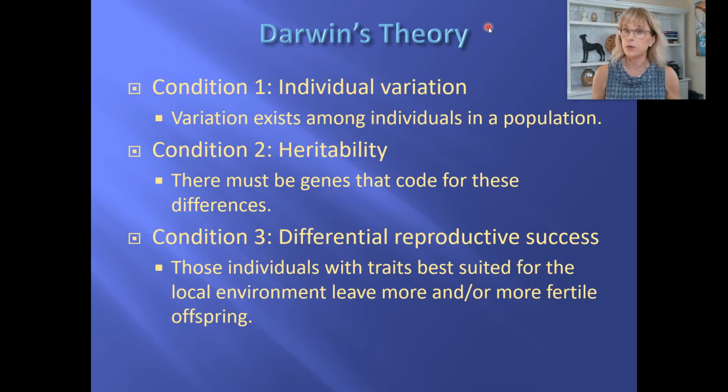So for example, if you have got a whole bunch of pigs that are living on your pig farm, and some of them are red and some of them are black and some of them are brown, and they're just living on your pig farm, and you protect them and you let them just reproduce among their own, then there is no differential reproductive success. They're all equally able to reproduce with each other.